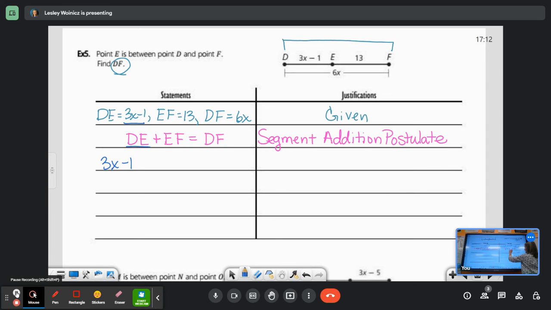Okay, for EF, I'm going to put 13. Copy down my equal sign. For DF, I'm going to put 6x. Okay, I just replaced each of those with an equivalent expression. That is the substitution property. I literally substituted.